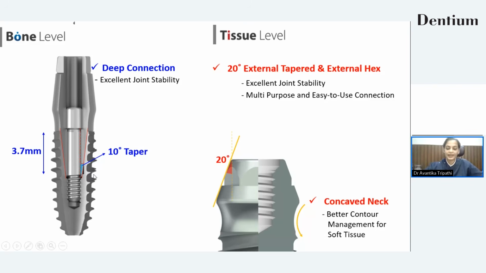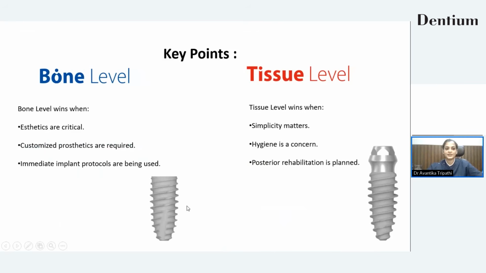The thread design is almost the same. The tissue level implants are more dome shaped, whereas the bone level implants are more aggressive in design with long cutting edges. The tissue level implants are solid, whereas the bone level implants are hollow from inside.